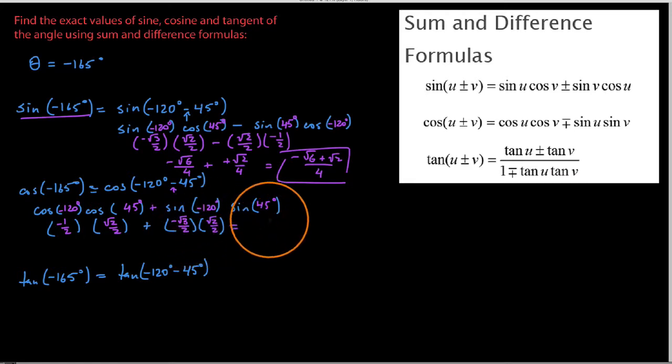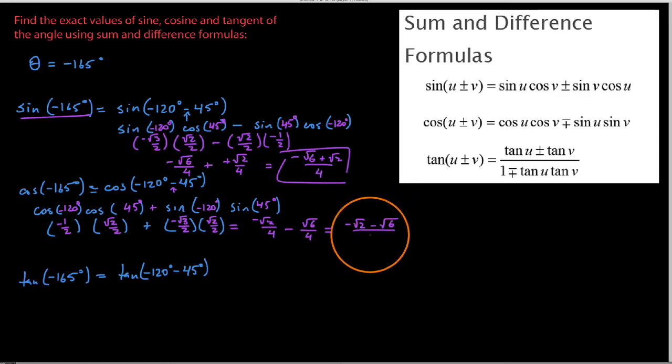So in this particular instance, we get negative root 2 over 4, and this will be minus root 6 over 4. So our exact value this time is negative root 2 minus root 6 all over 4. And I just want to point this out, that is different from what you got right here. No pun intended, there's a difference.